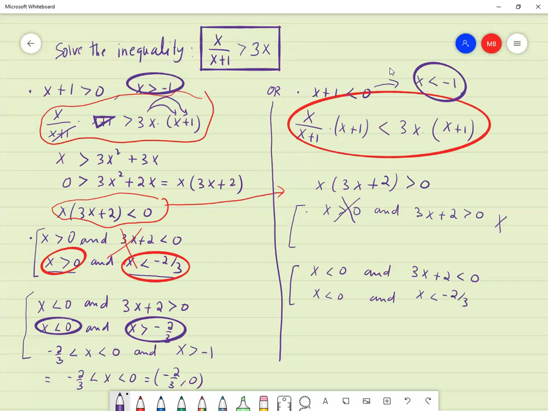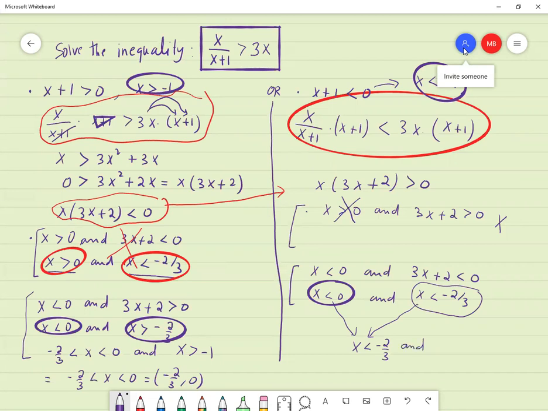All right, let's combine these two inequalities. If I combine these two, we will be getting x less than negative 2/3. So this is the combination of these two.